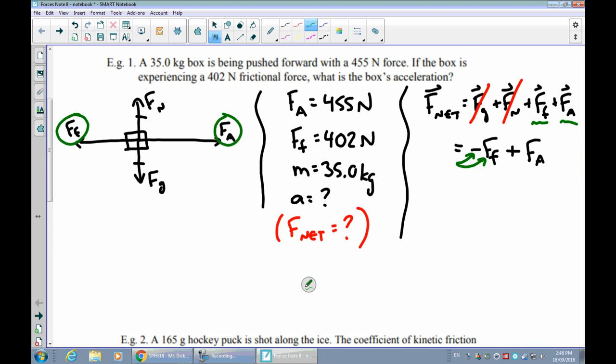So in this case, 402 newtons. Whereas the applied force will be in a positive direction with that amount of force. So I'm essentially creating vectors, but just indicating to you that we can take the positive or negative version of the magnitude of that force vector.